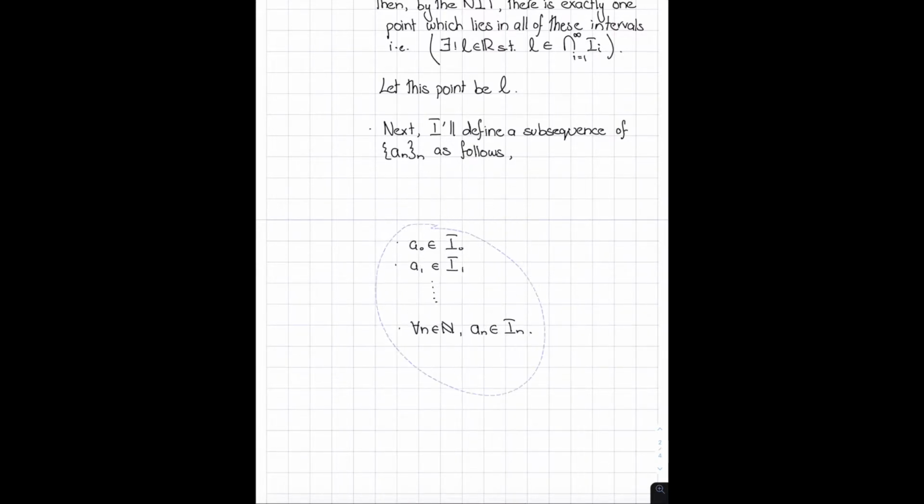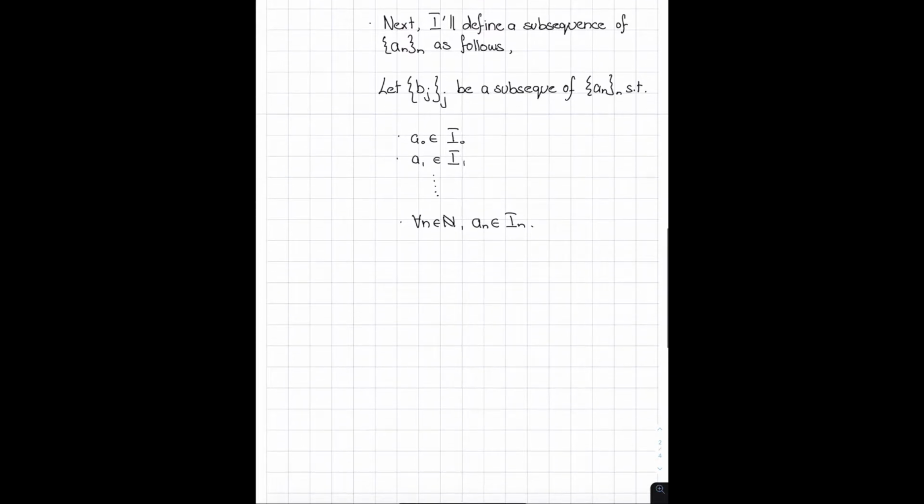Instead of doing it that way, I have another idea. Let b of j, which is a sequence defined on j, be a subsequence of a of n such that b of 0 is in I of 0, b of 1 is in I of 1, and then for every j in the set of natural numbers, b of j is in I of j.